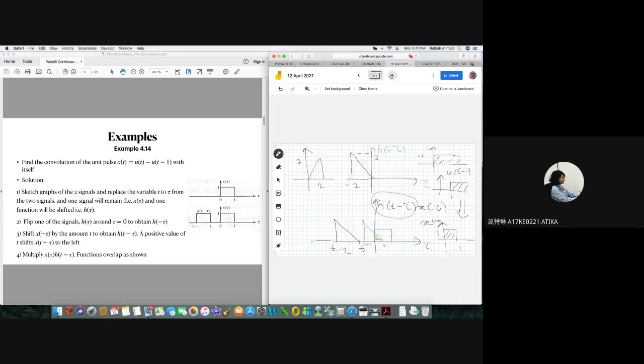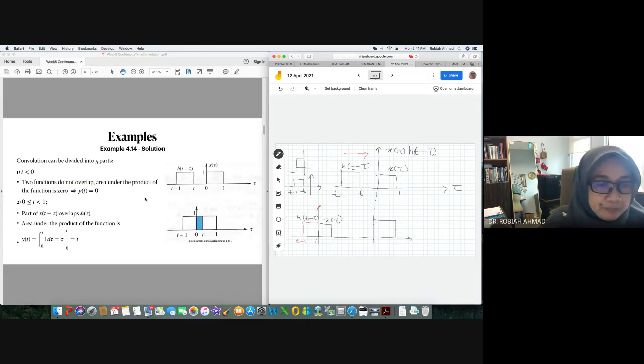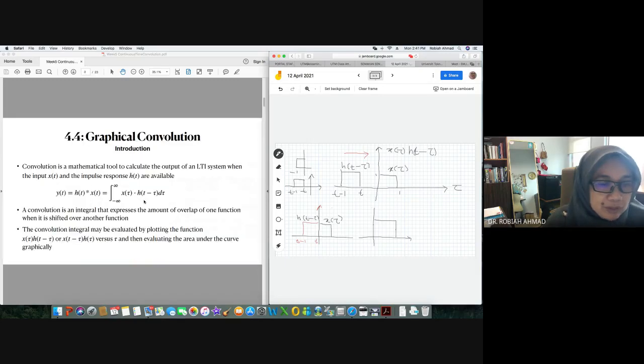Yes, understand. Okay, so now we have two signals. Because convolution, if you still remember the step, is two signals: one is the input, another one is the impulse response. But these signals are identical.